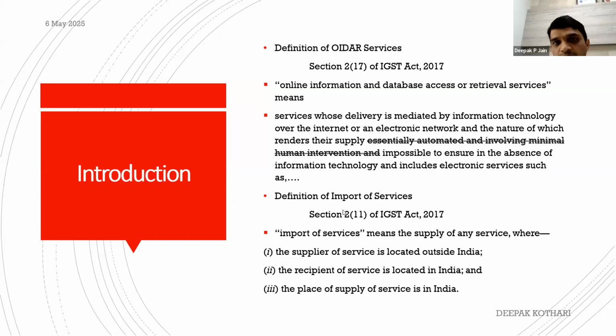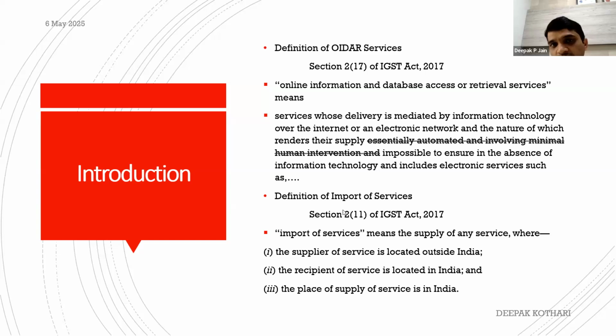So presently after this amendment, how do we read this definition is that any service whose delivery is mediated through information technology over the internet, and where it is impossible to ensure in the absence of information technology, that will be treated as OIDAR services. And there are certain examples which have been specifically included. So this is the definition of OIDAR services.